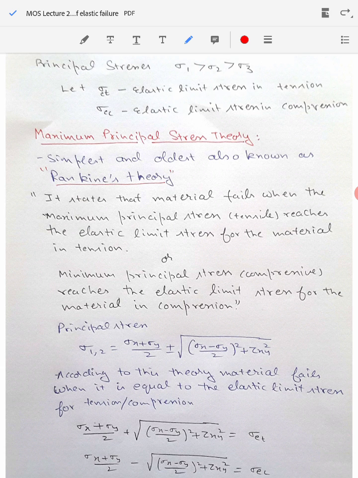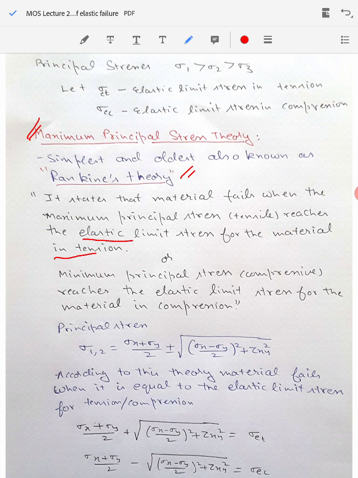The first theory amongst them is the maximum principal stress theory. This is the simplest and one of the oldest known theories. It is also termed Rankine's theory, though it is very commonly used as the maximum principal stress theory. The statement of this theory is that the material fails when the maximum principal stress in tension reaches the elastic limit stress for the material in tension.